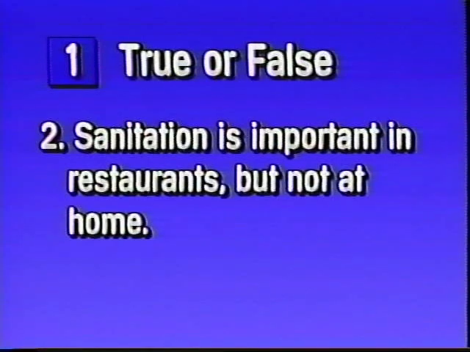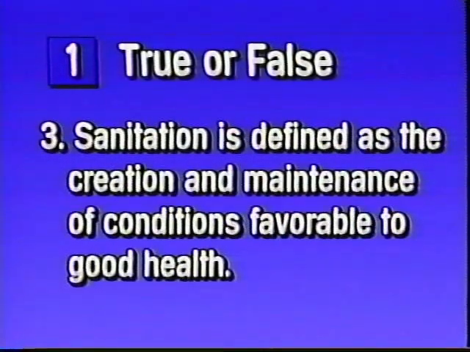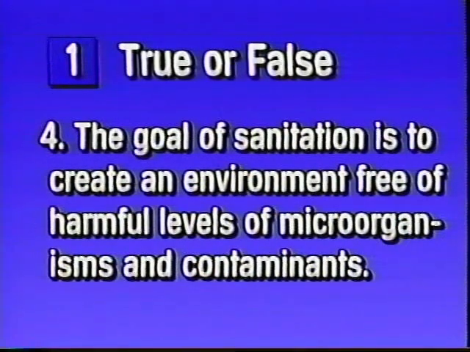Sanitation is important in restaurants, but not at home. 3. Sanitation is defined as the creation and maintenance of conditions favorable to good health. 4. The goal of sanitation is to create an environment free of harmful levels of microorganisms and contaminants.